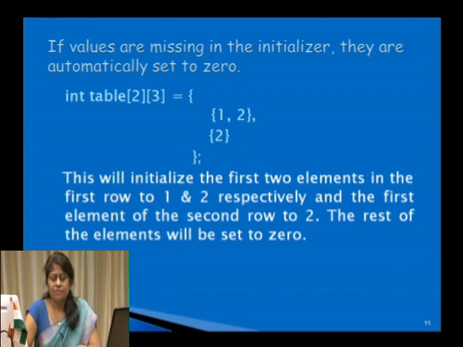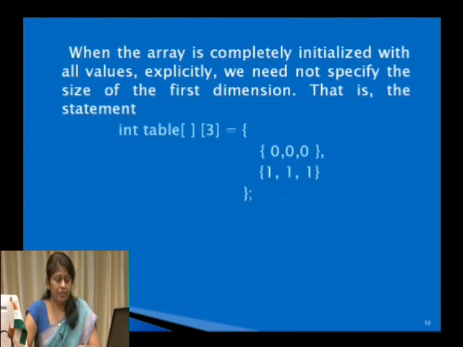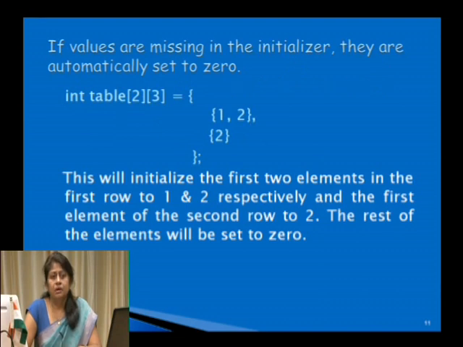So, what are the values that would be initialized to the matrix? Can you guess? Here the initialization of this 2D array would be: since it contains 3 columns, but we have given just 2 column values, the third column in the first row would be set to 0.